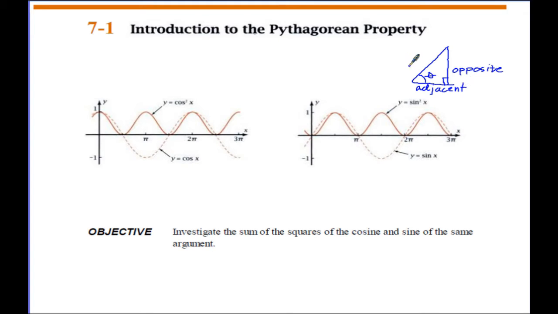And we also have the hypotenuse, or the longest side in this triangle.